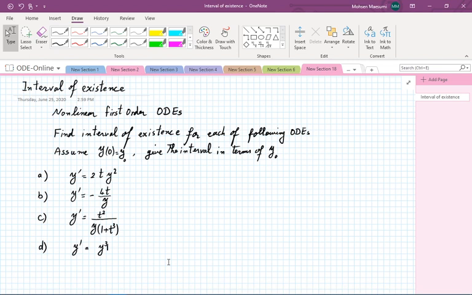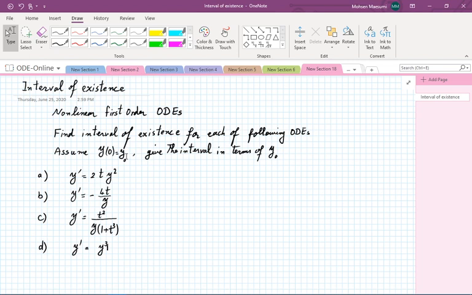So here are four problems, and we are asking for the interval of existence for each of these differential equations, assuming that the initial condition is given at the point 0. So at time t0, y is some y sub 0, and we want to give the interval of existence in terms of this y0.